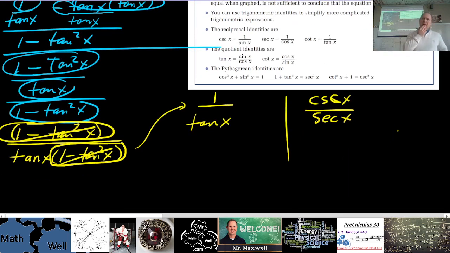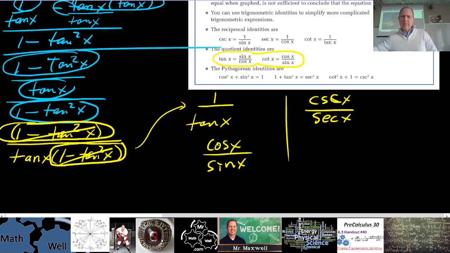Well, it might be a good idea to write everything in terms of sine and cos now. So 1 over tan x is actually 1 over sine x over cos x, which is cos x over sine x. You see that?